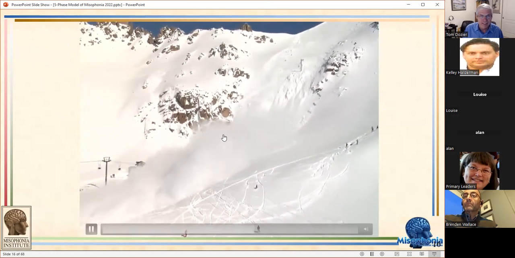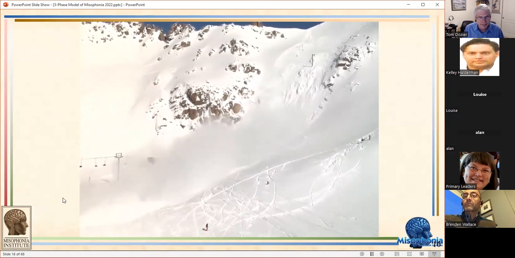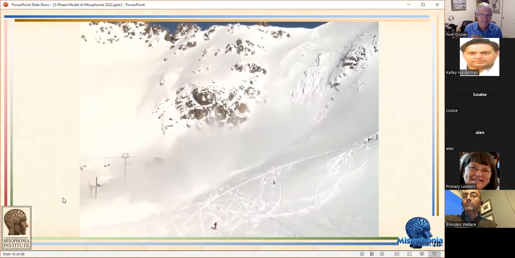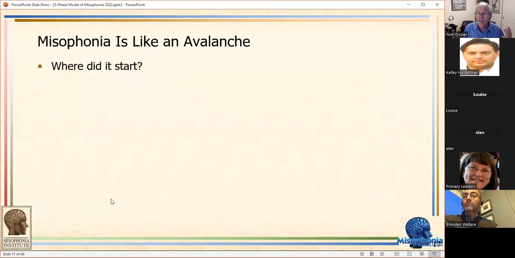And then it leaves this dust in the air that eventually clears, but just because the avalanche is over, the dust storm is still there. And just because your trigger is over, you still have some residual response there.